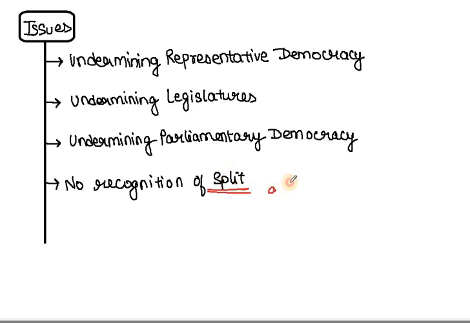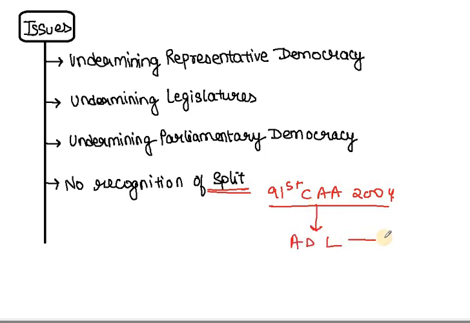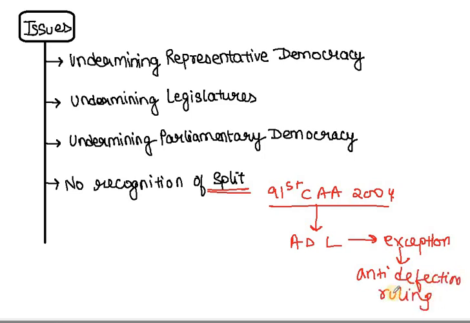We know that there was this 91st Constitutional Amendment Act in 2004 that came, and because of this amendment, the anti-defection law created an exception. What was the exception that was created in the ruling?